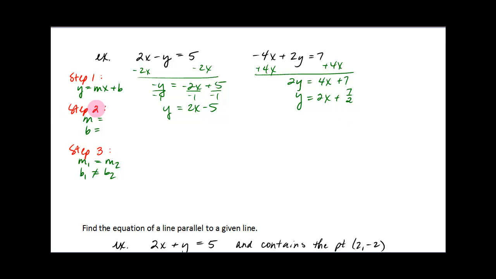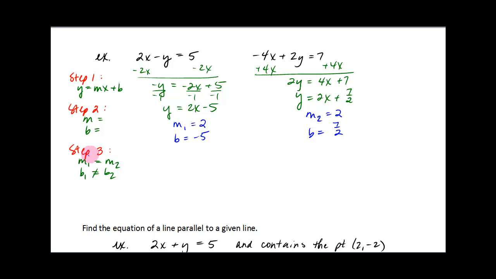Okay, so step number 2 tells me to determine the slope and the intercept. So the slope of this first equation is 2, and the intercept is negative 5. The slope of this second equation, this is looking good, is also 2, and the intercept is positive 7 halves.